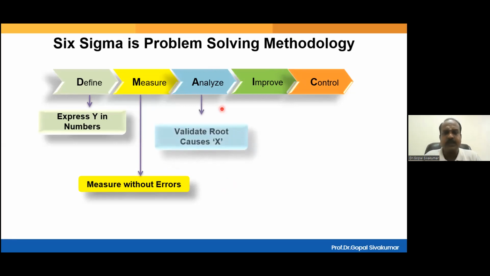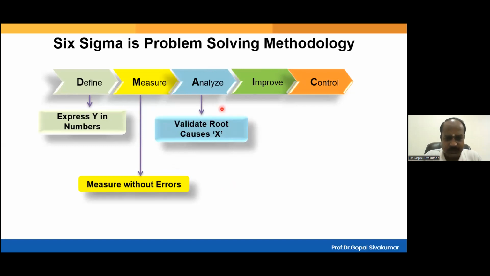In the analyze phase, I already spoke enough. Root cause identification, root cause validation, root cause relationship, and finally, root cause sufficiency. If you do all of this, you are now ready to talk about the solution.